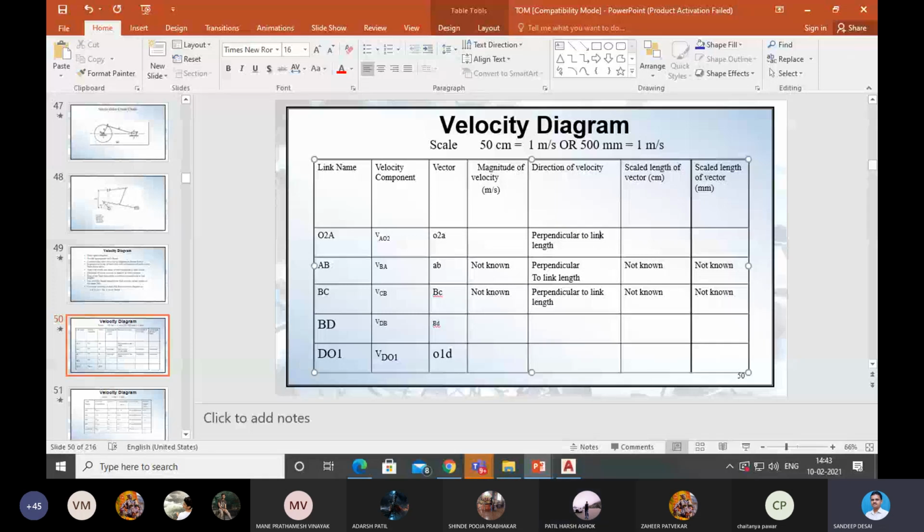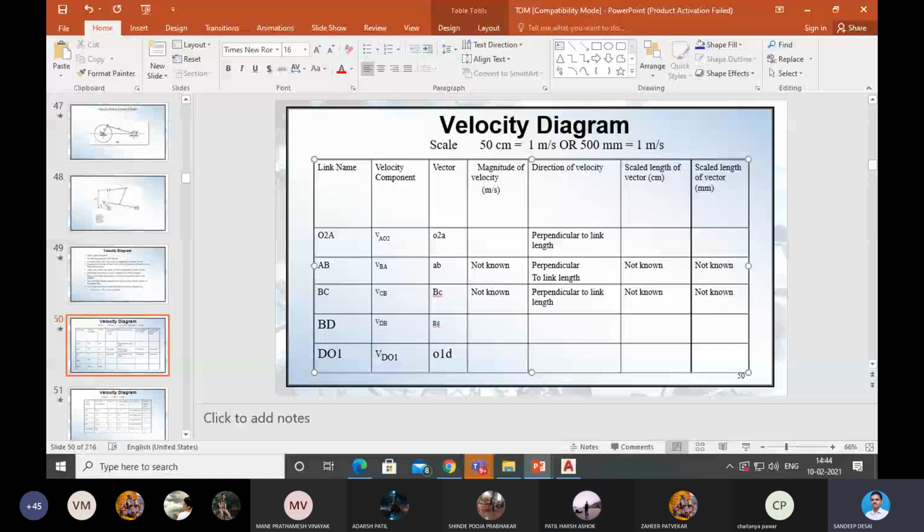Please look into the configuration diagram which is there on your mobile. Which one is moving? A is moving or O2 is moving? Sir, A is moving. So it is velocity of A with respect to fixed point O2. That is something which I have written here.